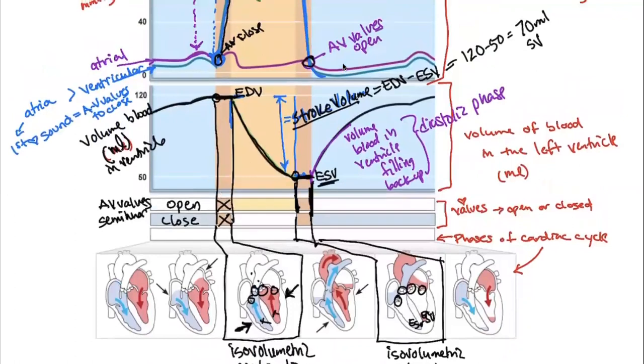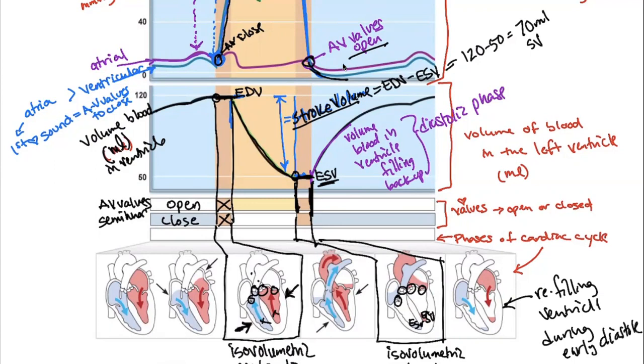Now, once here, where the ventricular pressure drops beneath the atrial pressure, AV valves open, and here is where you have refilling of the ventricle during early diastole.